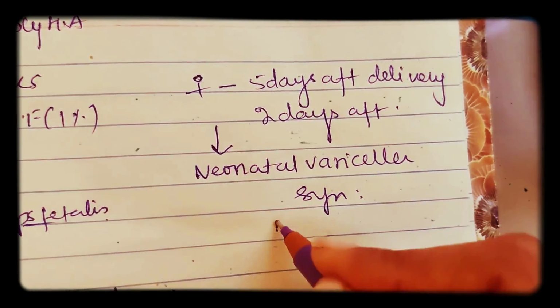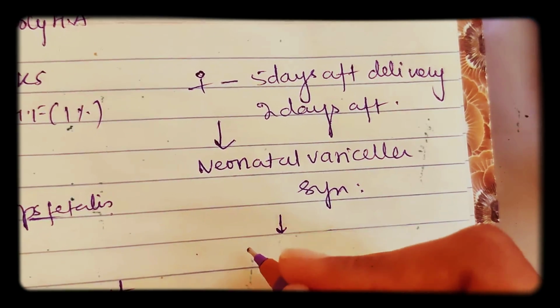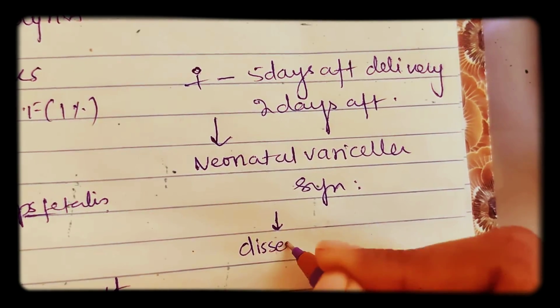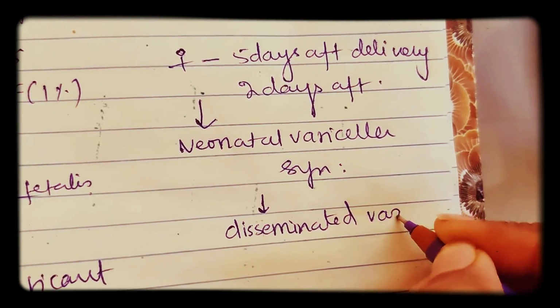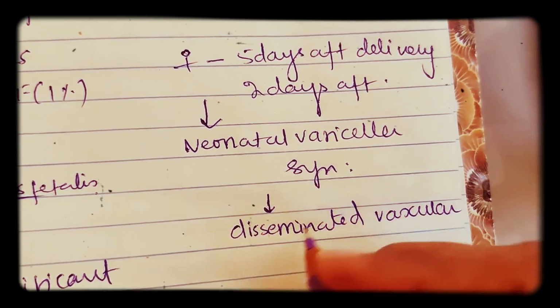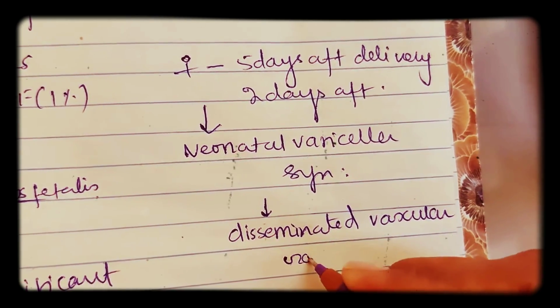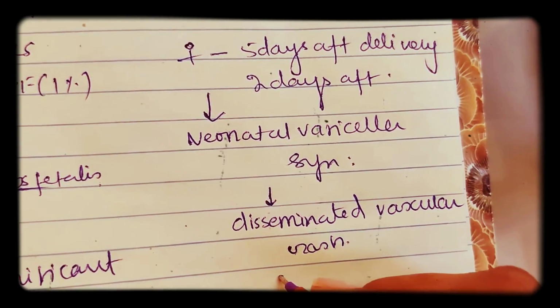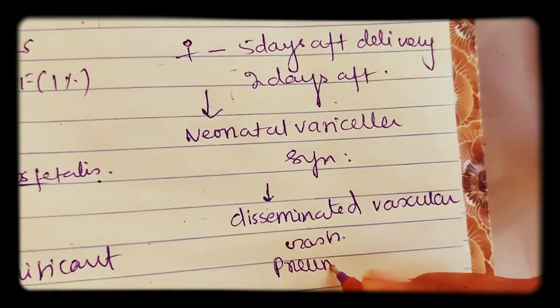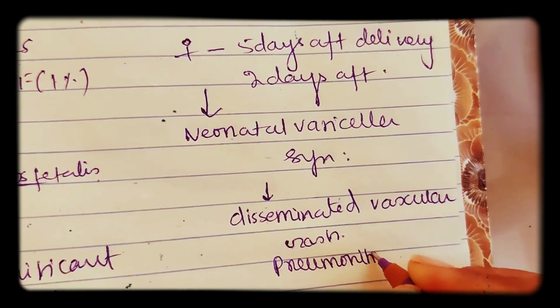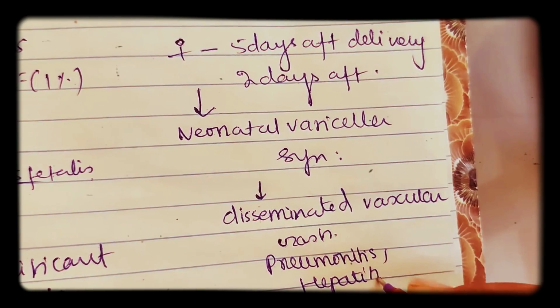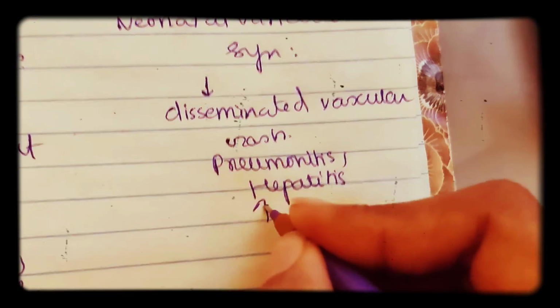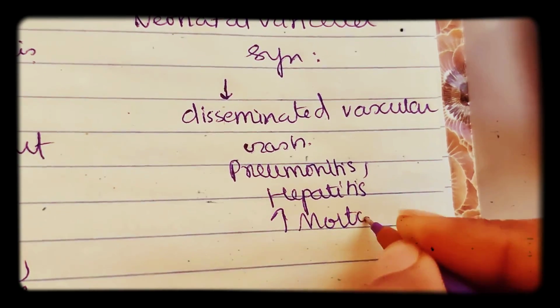So what is neonatal varicella syndrome? It is where a disseminated vesicular rash is seen in the fetus, and pneumonitis, and hepatitis, and may also have a high mortality rate.